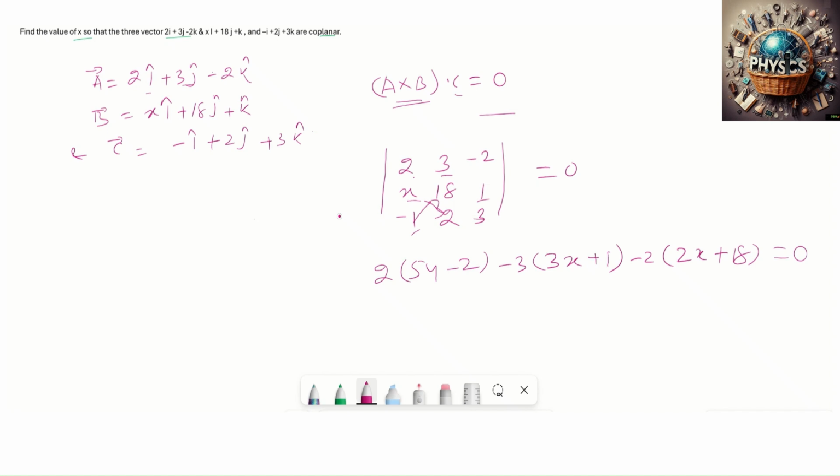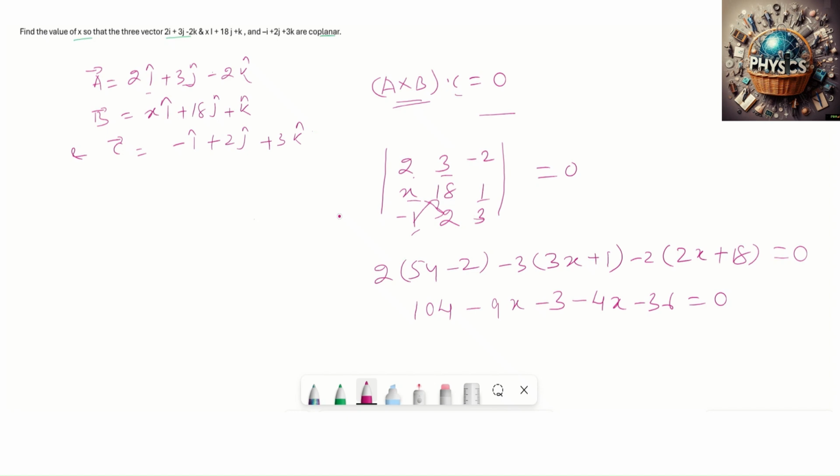So what we get here is, it is already 54. Is it 54? Yeah. So 52 into 2, this is 104, minus 9x minus 3. Here it is minus 4x minus 36 is equal to 0.